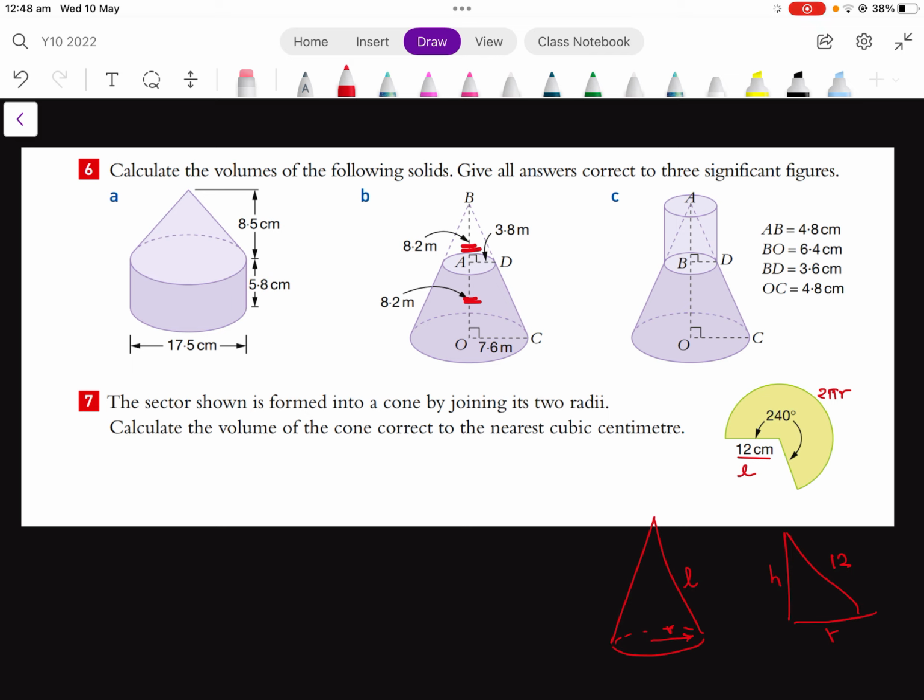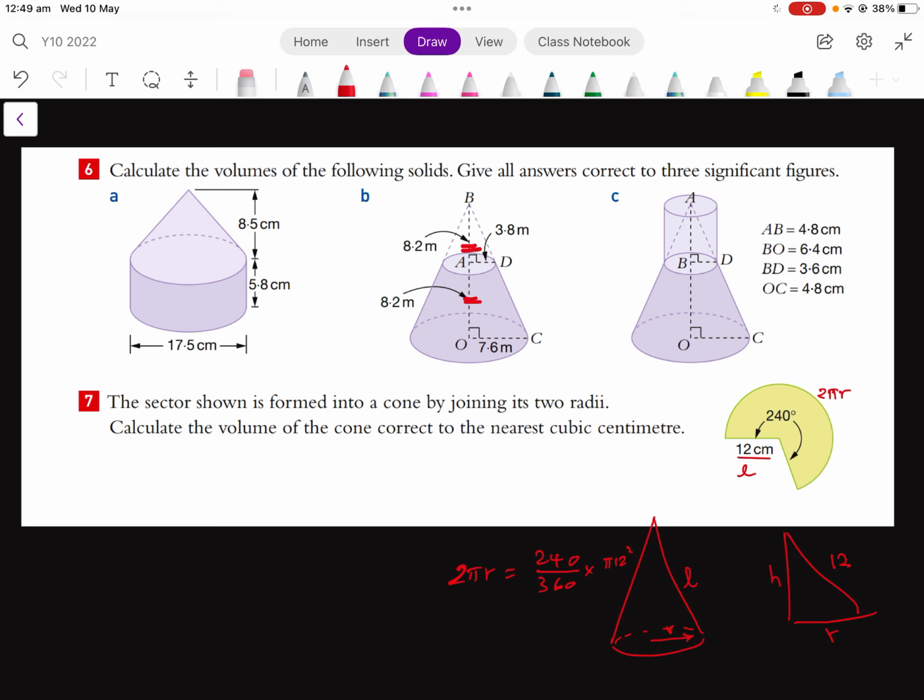We can probably find the r from here, because the 2 pi r is equal to a fraction 240 over 360 into the complete area of the circle with the radius of 12, which is pi 12 squared.